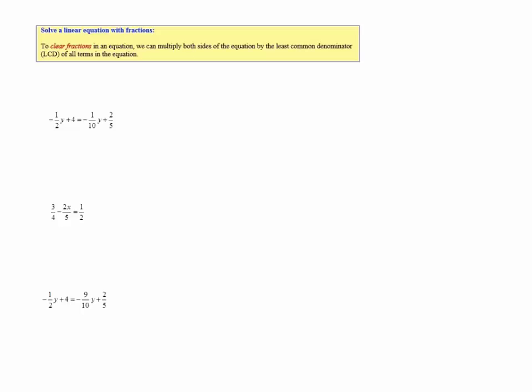Okay, for all these, we need to find the LCD first. Can somebody tell me what's the LCD among 2, 10, and 5? Somebody says 10.